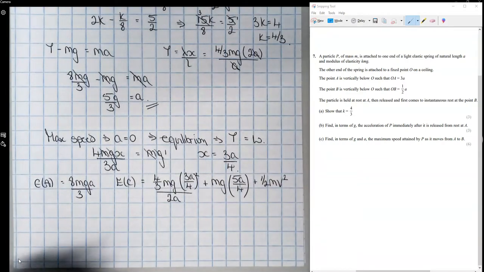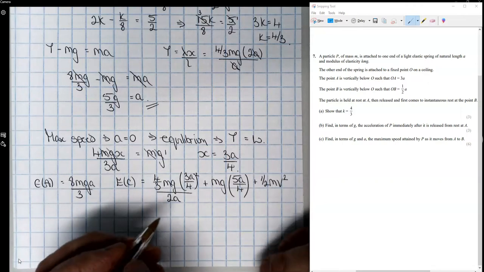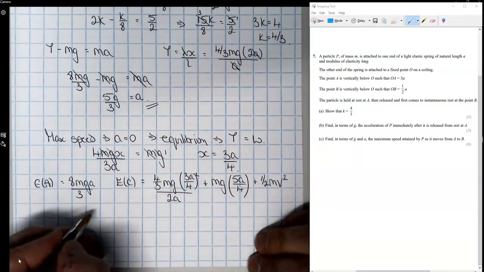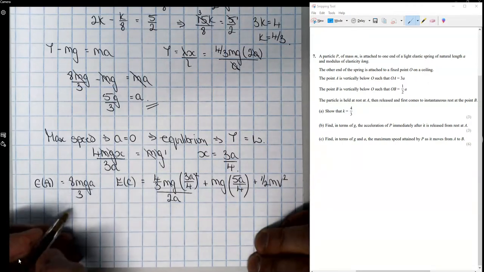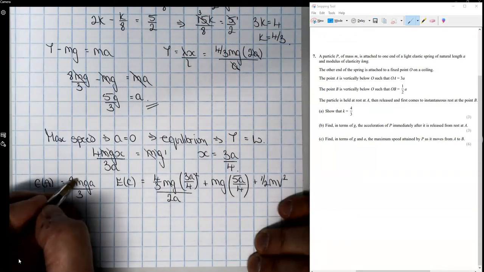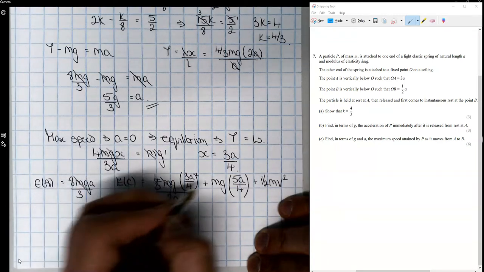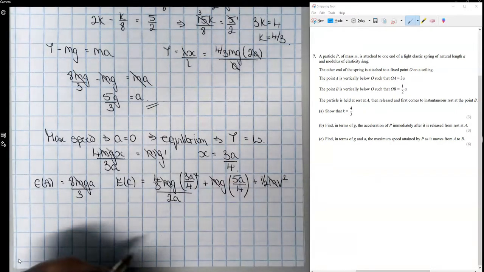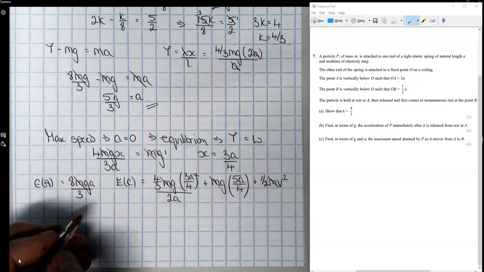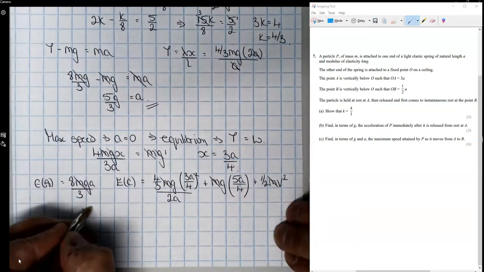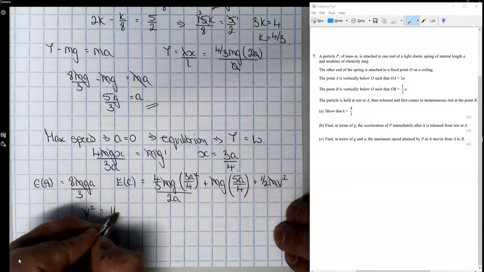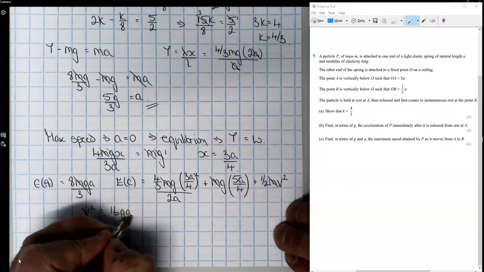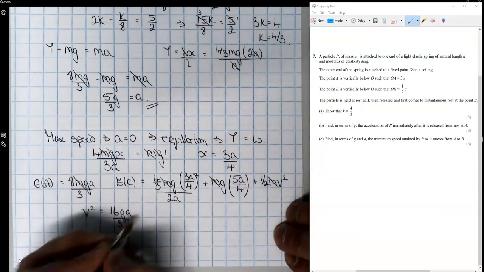Now it's just an algebra exercise. So we've got, these two are equal. We've got m's everywhere, we haven't got g's everywhere. And it's just a matter of moving these things around. So if we do it, we get v squared equals 16ga, depends how you want to manipulate this.